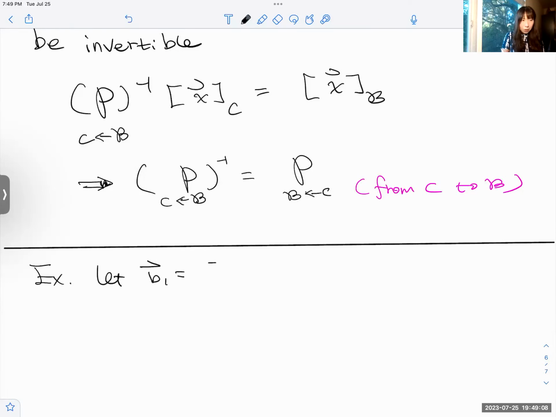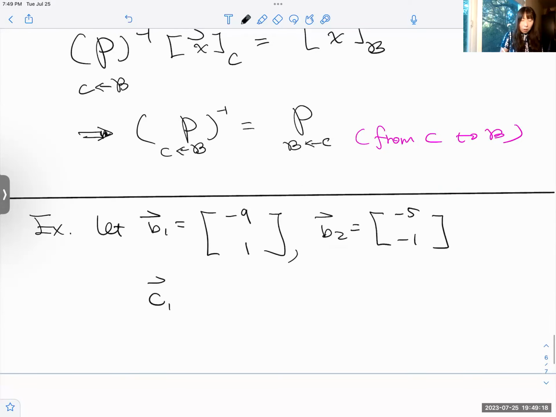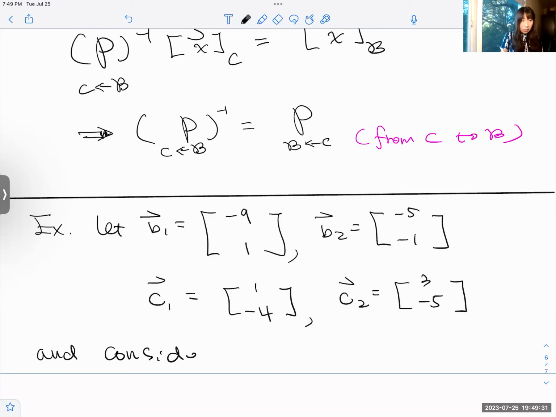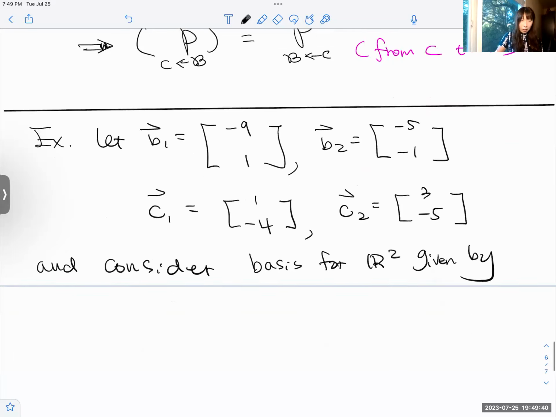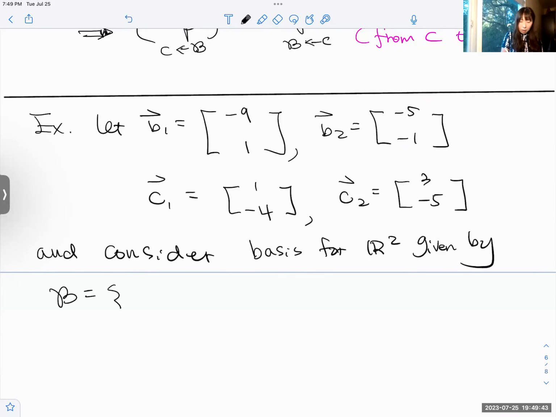Okay, let us do this. Let B1 equal to (-9, 1), B2 equal to (-5, -1), C1 equal to (1, -4), and C2 equal to (3, -5). Consider the basis for R2 given by basis B of vectors B sub 1, B sub 2, and C equal to C sub 1, C sub 2.